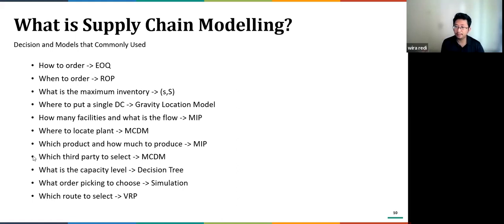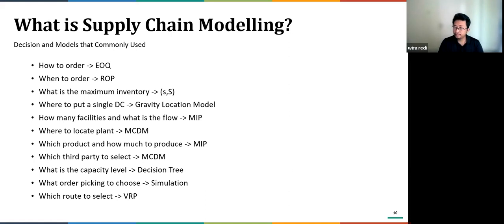Some of you may already know the terms, some of you may not. We will discuss several of these approaches along the way. But I just want to give you some examples of how supply chain modeling comes into play in helping decision makers take action on those problems.